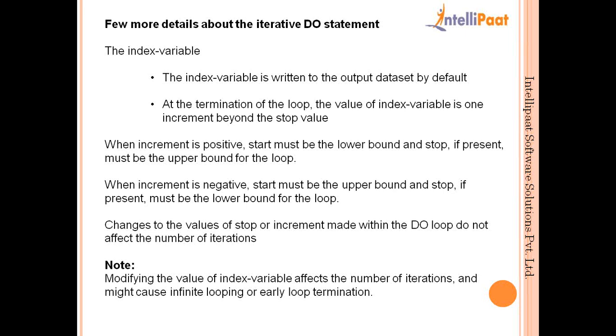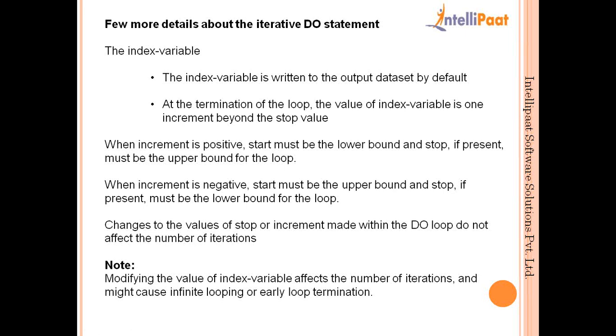Then further, the next thing to talk about would be that modifying the value of the index variable affects the number of iterations, and that might cause infinite looping or early loop termination.